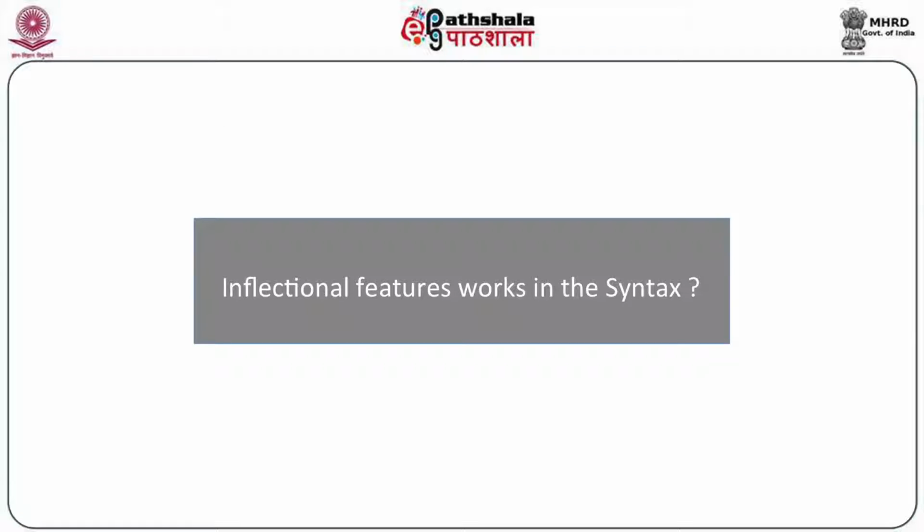Let us now look at the way inflectional features work in the syntax. We have been looking at inflection in morphology. We will now begin to look at the work they do from a syntactic viewpoint. For this job, it is a simple matter to choose examples from Sanskrit.